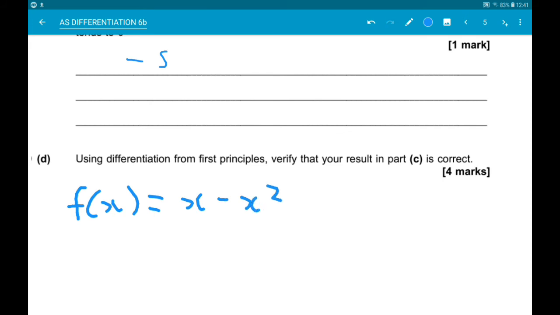Now, I'm going to find f of x add h instead of going straight for x being 3. You can do it either way. So, f of x add h is x add h minus x add h all squared.